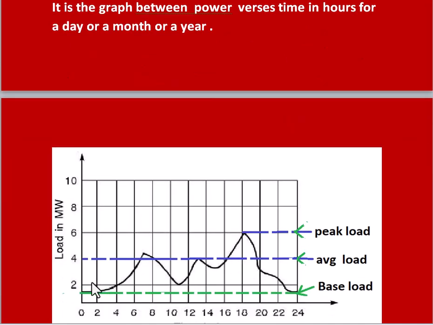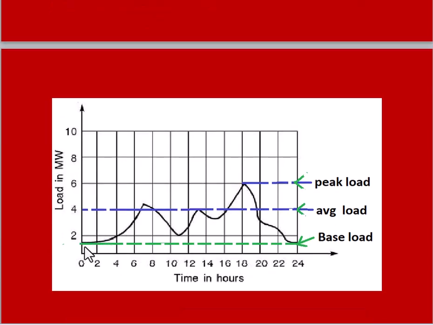When the load curve is drawn for a day, it appears something like this. At different times of the day, the consumption of power or energy is different. At 2 o'clock, this is the load consumed by the consumers, whereas at 4 o'clock, it is something like this.